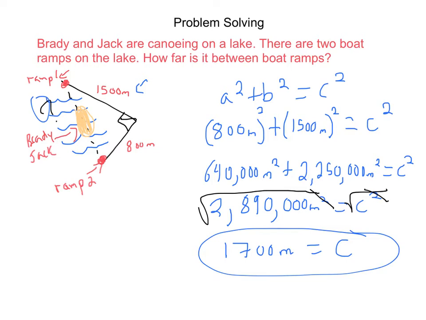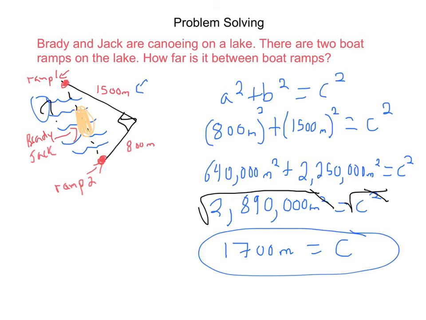So you've taken a problem-solving question, looked at your diagram, interpreted it, and created your solution. Just remember, if it's got a diagram with it, think of it as any other right triangle Pythagorean question and use what you know: A squared plus B squared is C squared.